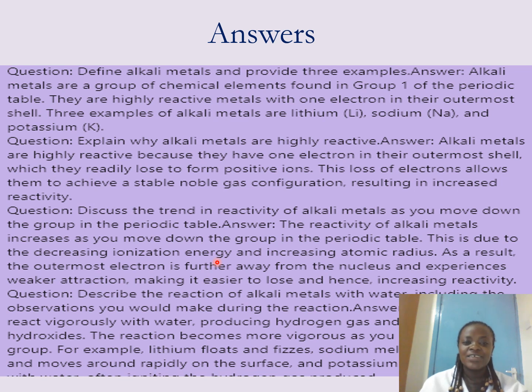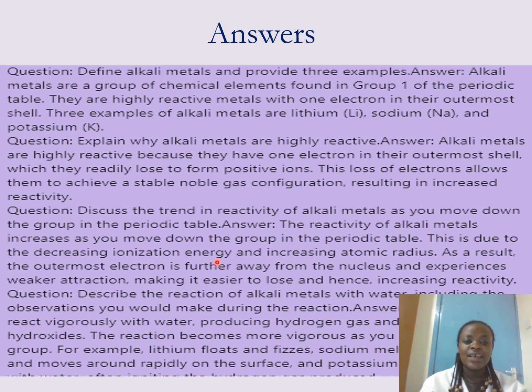We said they are very reactive metals. They have 1 electron in the outermost energy level, or shell. Examples are lithium, sodium, and potassium. These are the first 3 elements in group 1.